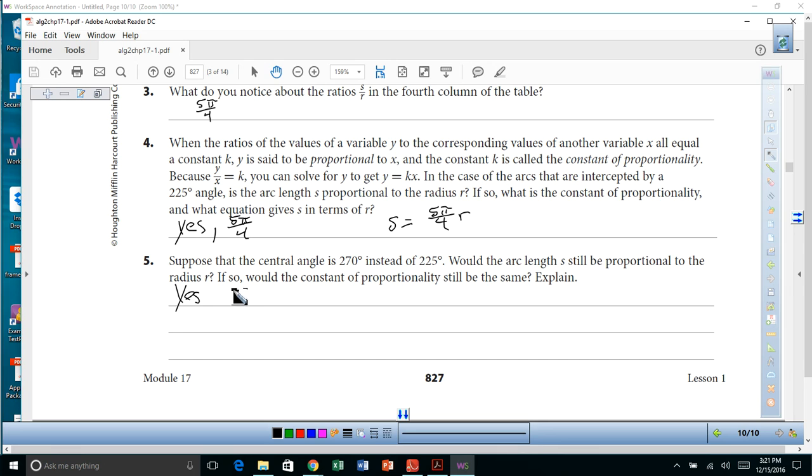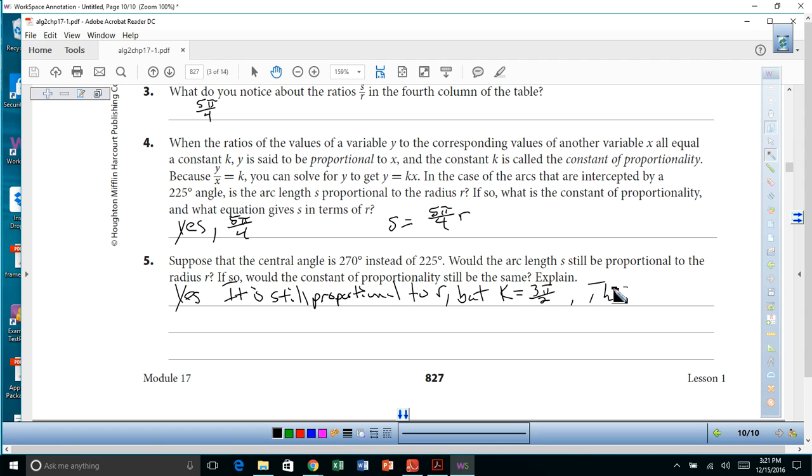Let me try to explain it this way. It is still proportional to R. But the constant of proportionality, we'll say k, would be 3 pi over 2.